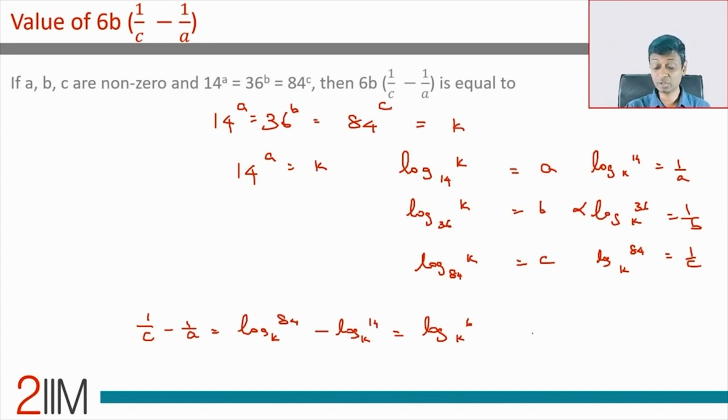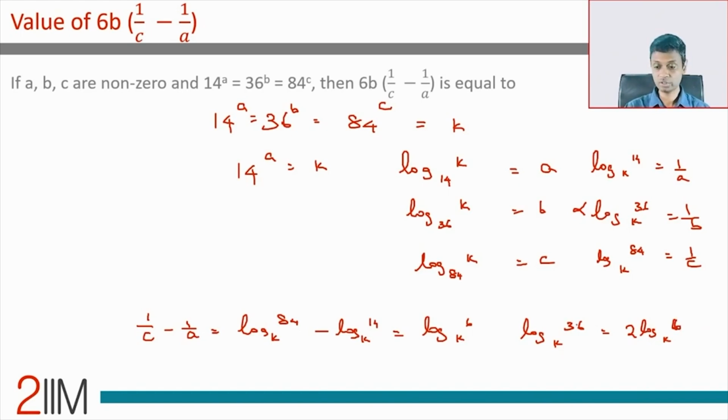Log 36 to the base k is 1 by b. Log 36 to the base k is nothing but 2 times log 6 to the base k, since 6 square is 36.